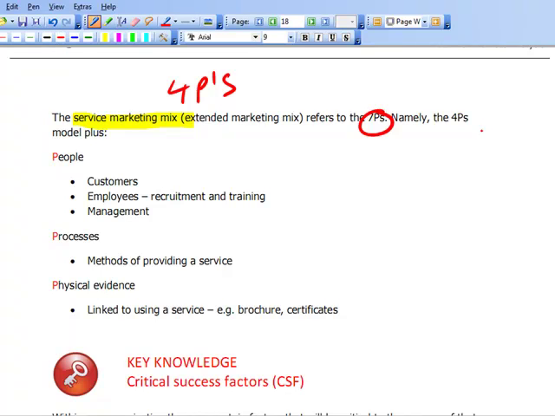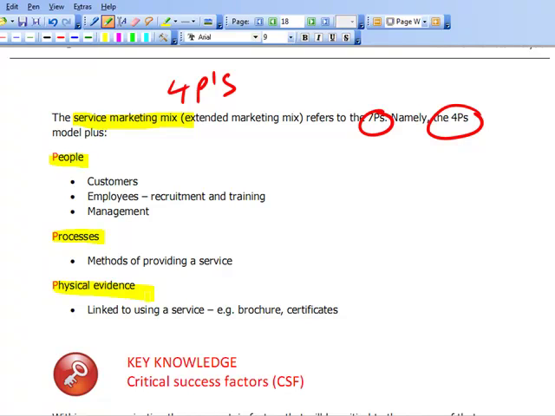So the 7 Ps would be the 4 Ps, which, if you can remember, hopefully, is product, price, place, and promotion, plus an additional 3 of people, processes, and physical evidence. So these additional 3 Ps become important for service industries.